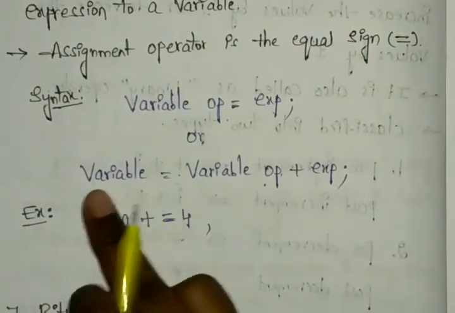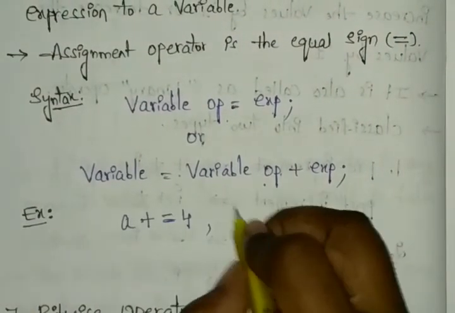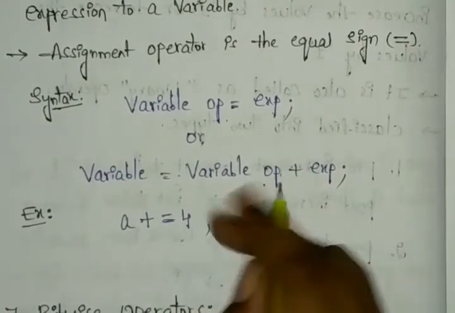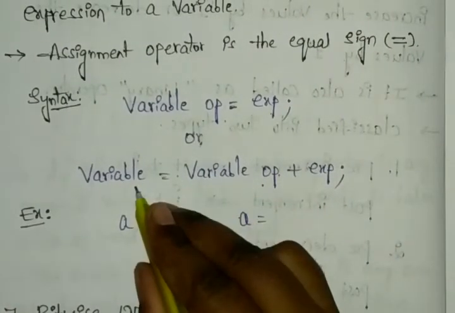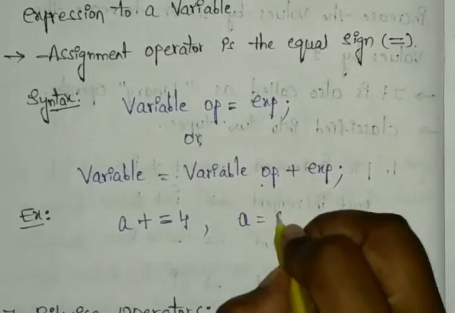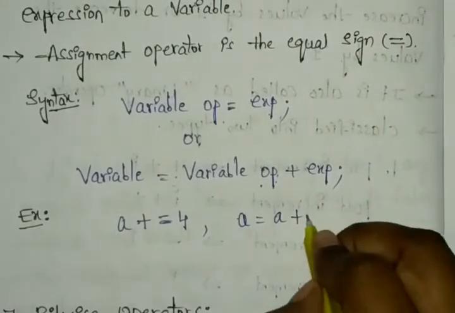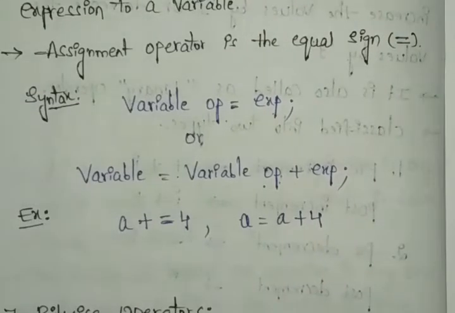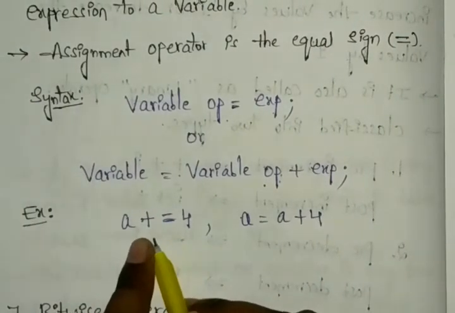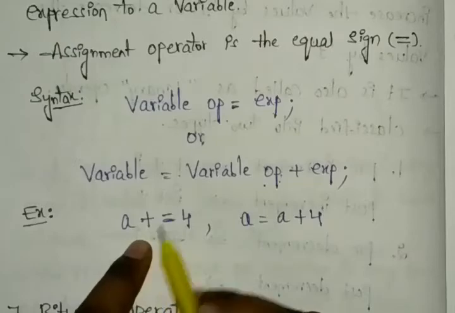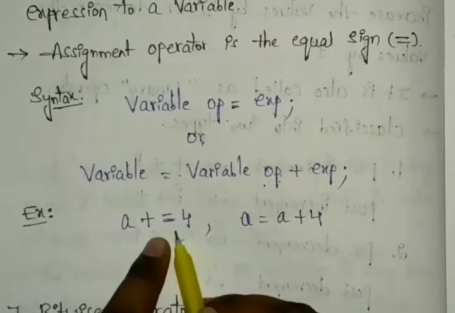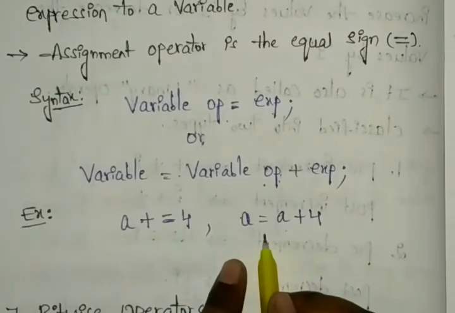Or else you can also write it like this: variable A, again the same variable we took, then the operator, and next the expression. In this one, after the plus operator we give equal to; in the earlier one we gave it before, right?